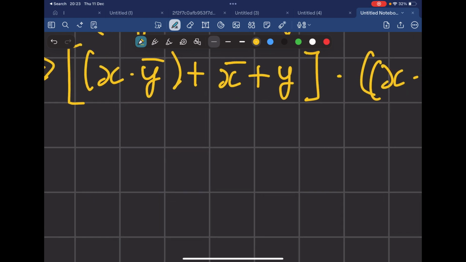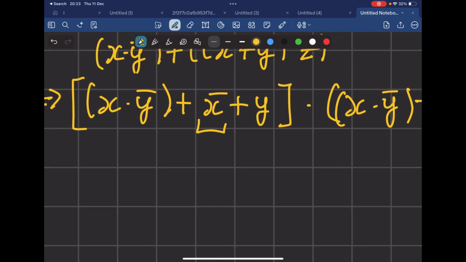Just looking at this, we could maybe distribute this with this, or we could distribute y with that thing. Thinking about it in your head, if you were to distribute not x with x and y, you would have not x plus x, and that would be good for us because then we can simplify it to 1.